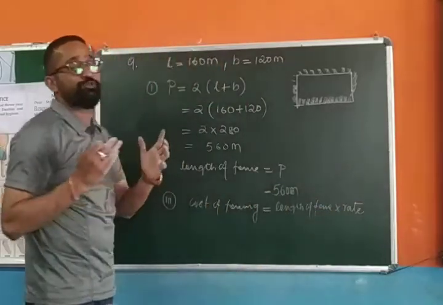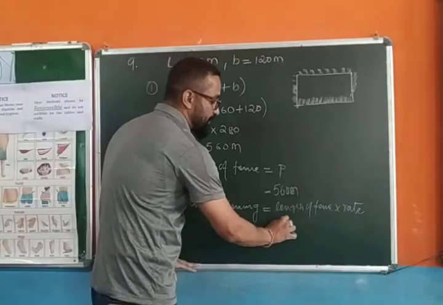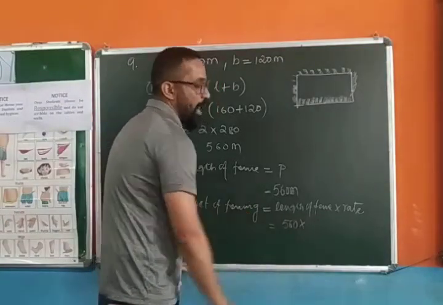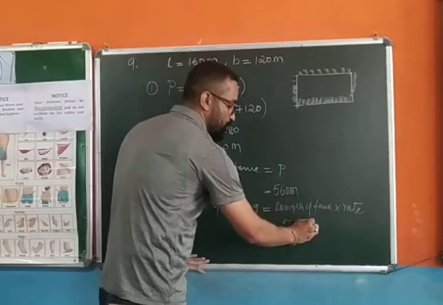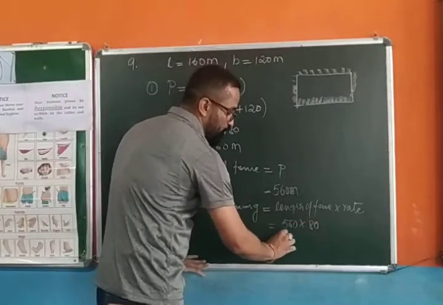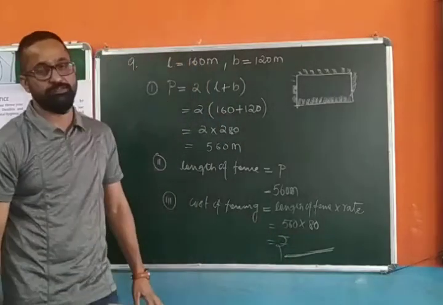At what rate are we buying it? It is 560 meter length and 1 meter costs 80 rupees. So you multiply this, you will get the cost of the fencing in rupees.